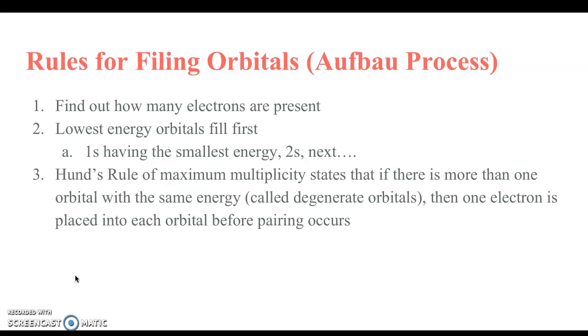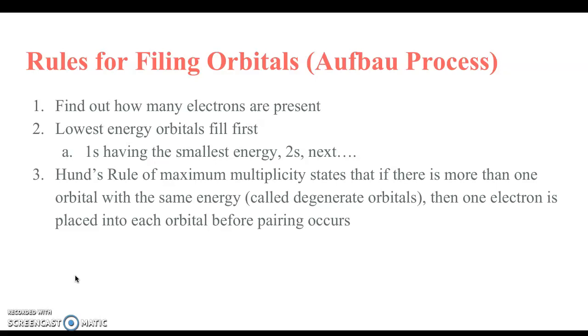And then there's also Hund's rule of maximum multiplicity, which has to do with if there's more than one orbital with the same amount of energy. These are called degenerate orbitals. Then one electron is placed into each orbital before pairing occurs.